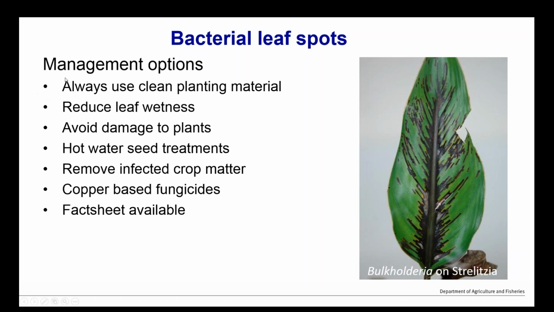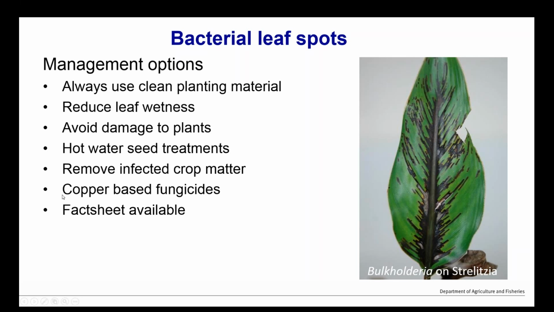But it is very important to start with clean planting material. If you start with dirty planting material, really, regardless of whatever pathogen you happen to be dealing with, then you're just going to grow your problem with the plant. Reducing leaf wetness will help. Avoiding damage to plants, as we've discussed.